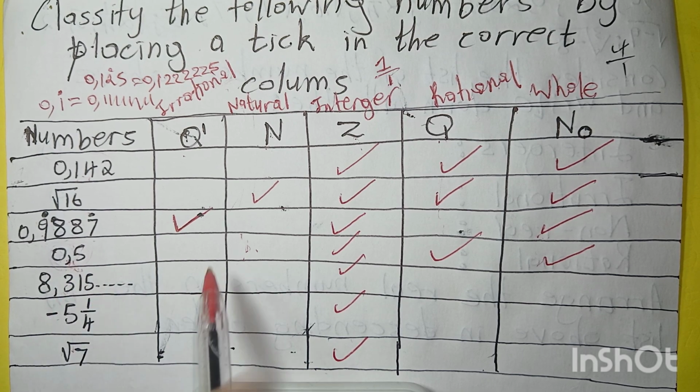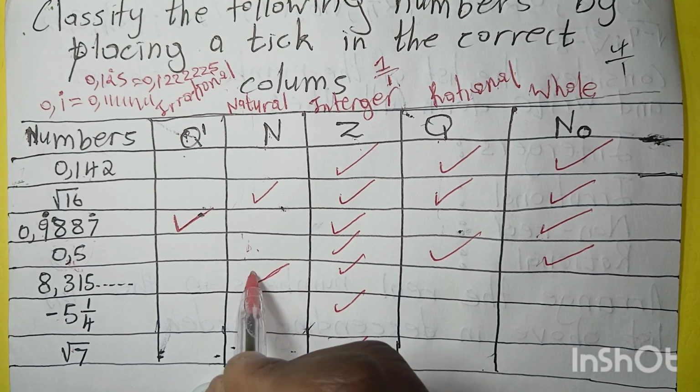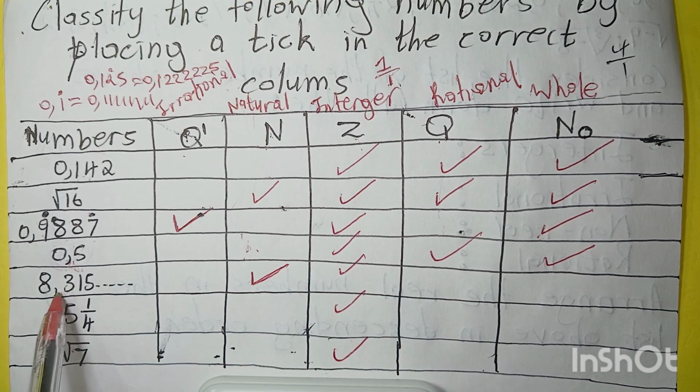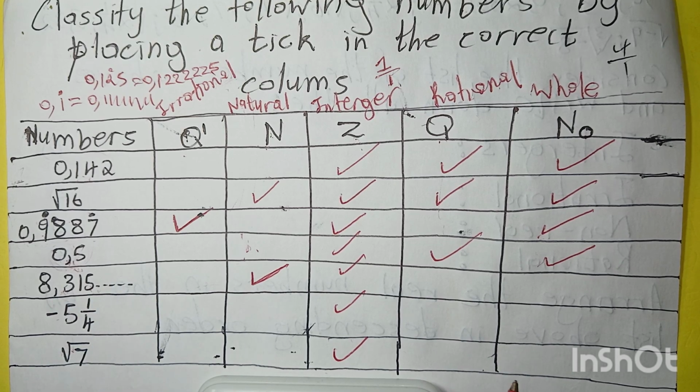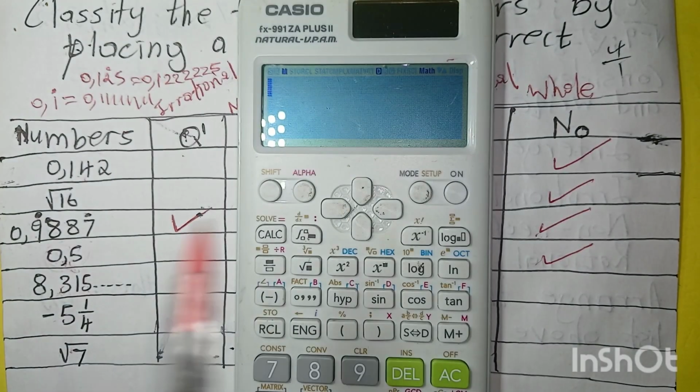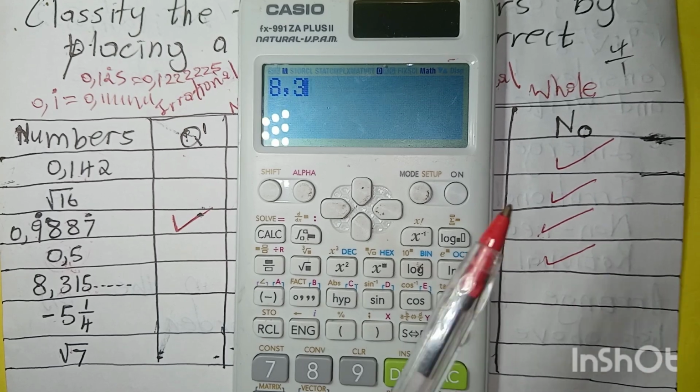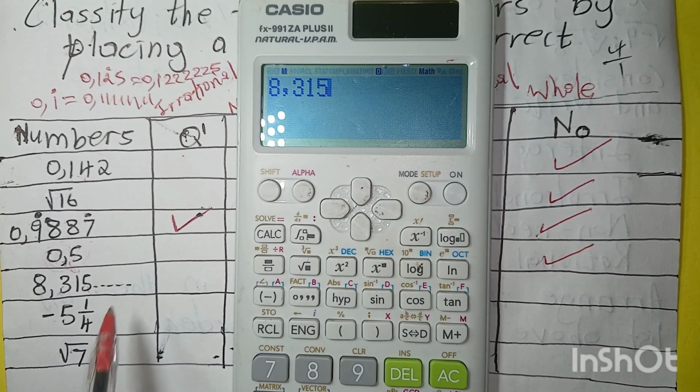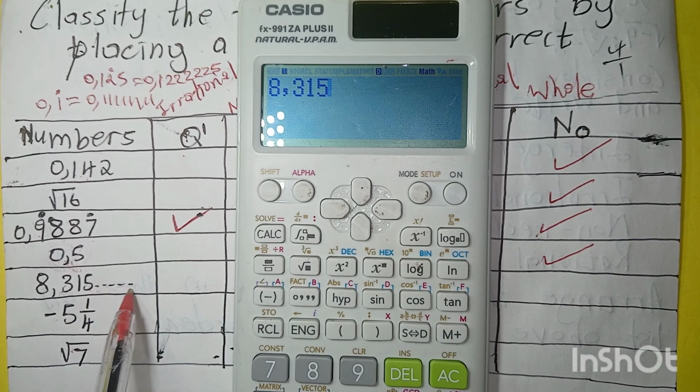But this one, you can tell it is a what? Natural number. Because it is bigger than 1, this one. Do you see? But this number, can we make it as a fraction? Let me check. 0.315. And this number, it is a continuing number.